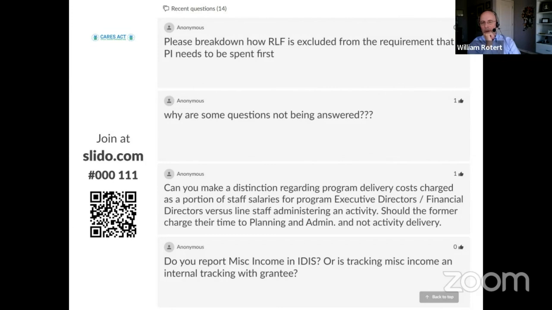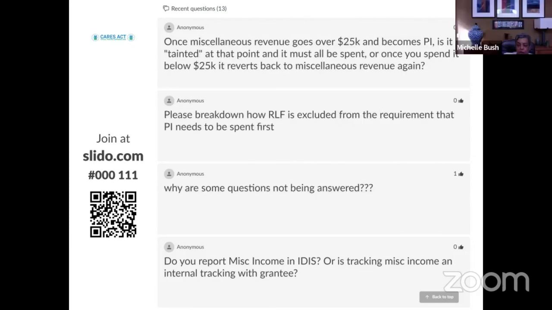It really depends on the actual things that executive director does. Right, but that should be documented either through their timesheets or personnel activity reports, what activity that financial manager or that executive director is performing to determine whether it's admin or activity delivery costs.